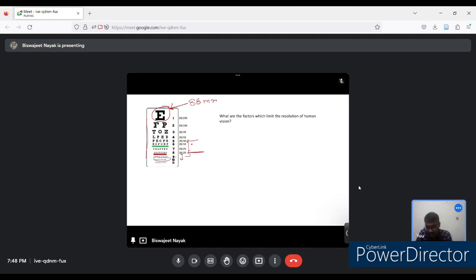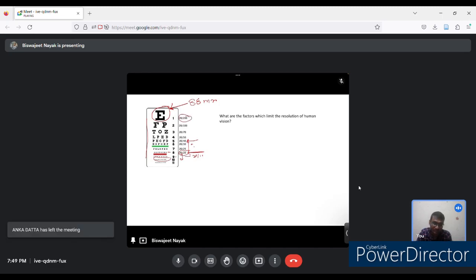So what does this mean actually? If we can see this one and not the 20 by 20, then a normal person can see this at a distance of 40 feet, whereas for a person with some problem, at a distance of 20 feet you used to see it perfectly. And what does 20 by 200 mean?